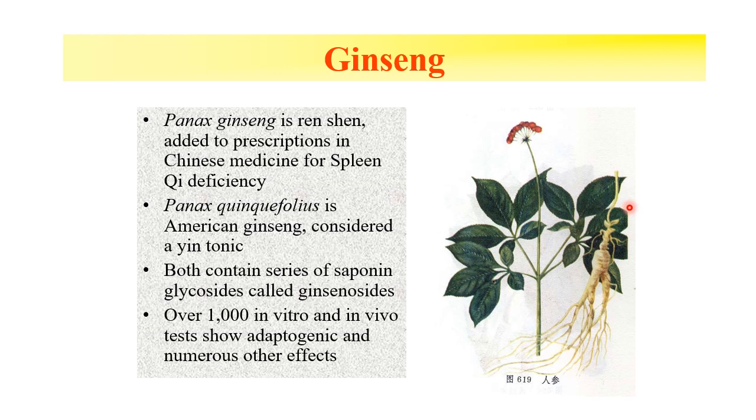And then there's Panax quinquefolius, which is American ginseng, which is often used in prescriptions as a yin tonic for counteracting chronic inflammation and stress in the body. They both contain a series of saponin glycosides called ginsenosides, and over 1,000 have been found.